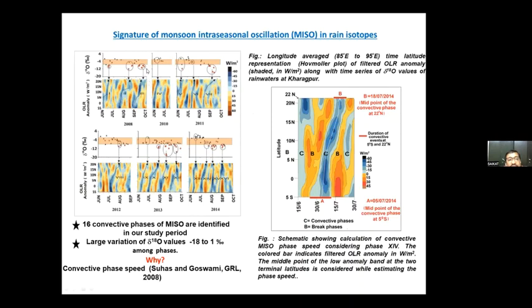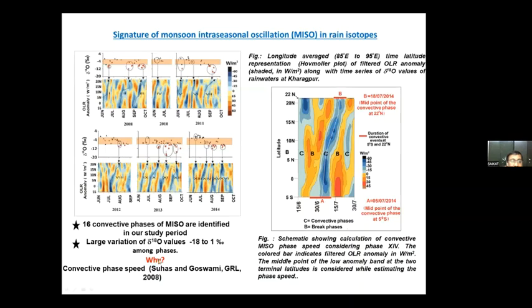One can see that the depletion, or the negative isotope values, we get only when these convective events are reaching towards the coast. So we can say that there are 16 convective phases of the intraseasonal oscillations that we have identified in our study period, and there is a large variation even within a particular convective event.